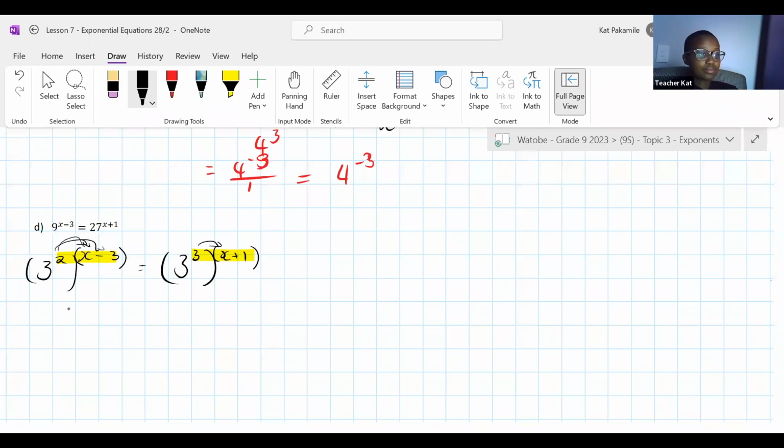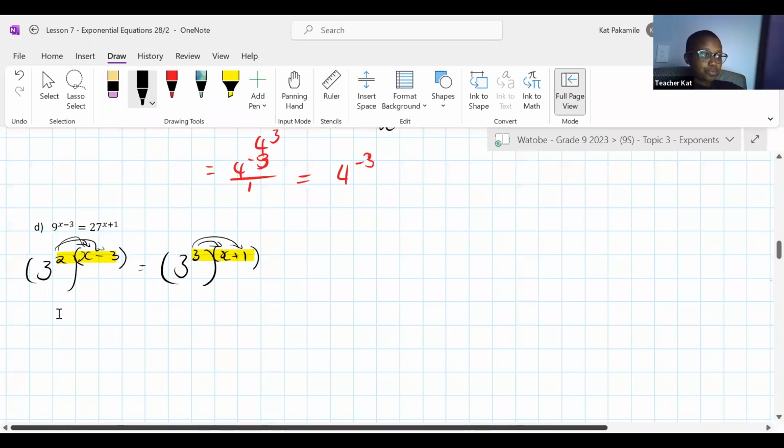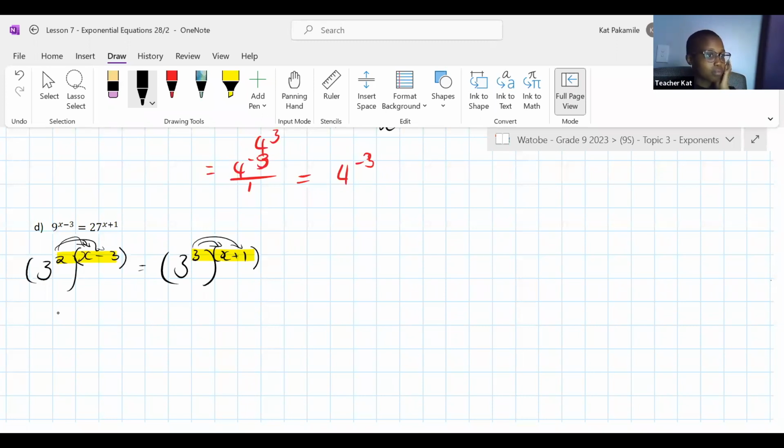Then let's do that. Tell me what to write, Jonathan. So would it be x minus 3 equals x plus 1, and then you transfer the x to one side and the minus 3 to the other side, which will turn to a plus 3.